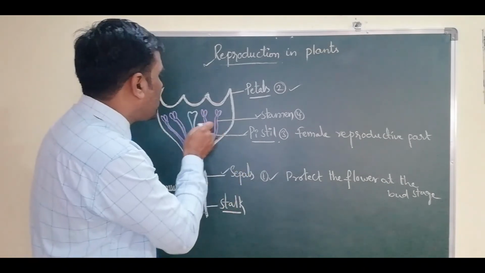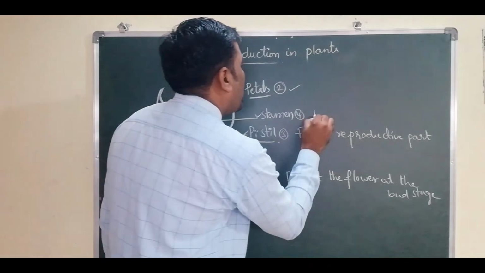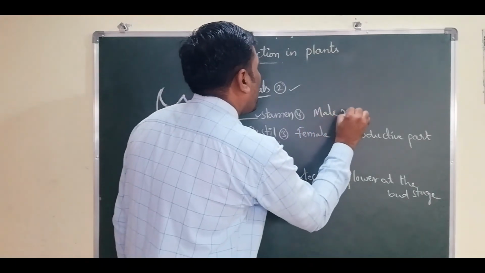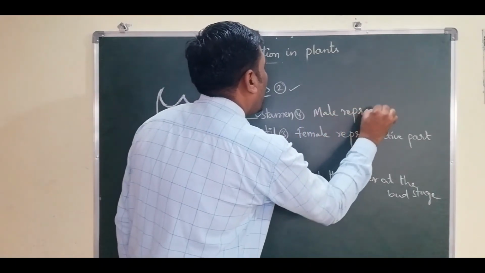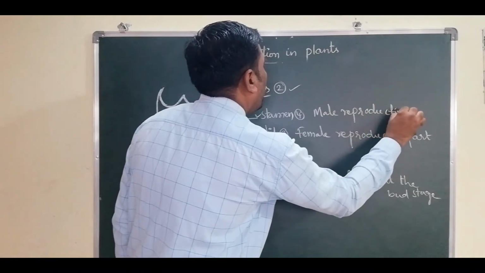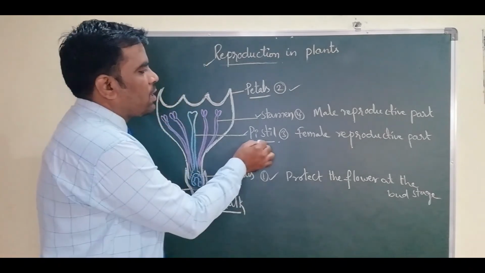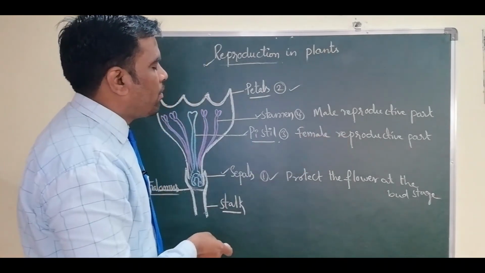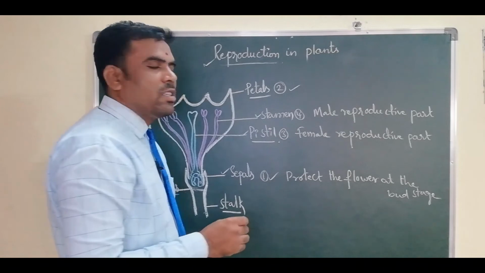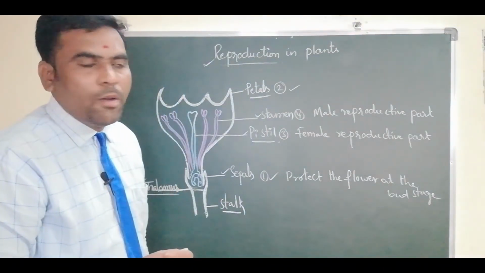These are the stamens. The stamen is the male reproductive part of the flower. The pistil is the female reproductive part, and the stamen is the male reproductive part.